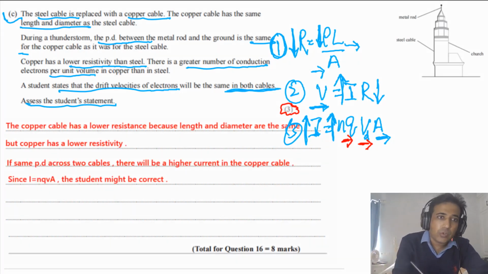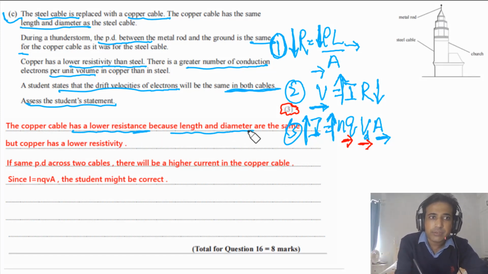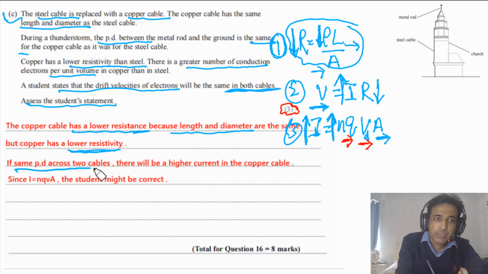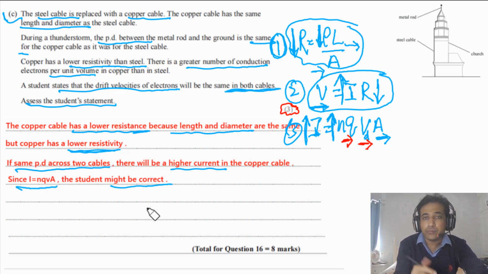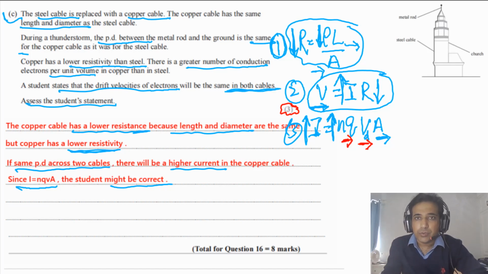In the answer, you can say the copper cable has a lower resistance because length is the same, diameter is the same, and it has lower resistivity, so resistance will be lower, as we discussed here. If there is the same PD across the two cables, there will be higher current, as we have discussed here. Since I is equal to nqvA, the student might be correct. If you write down these 3 points, you will get 3 marks.